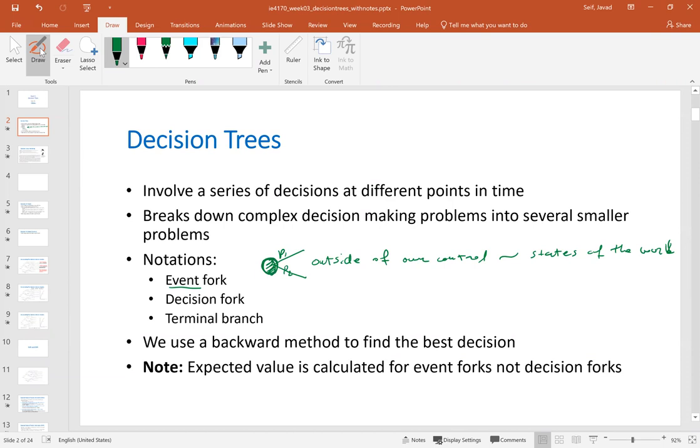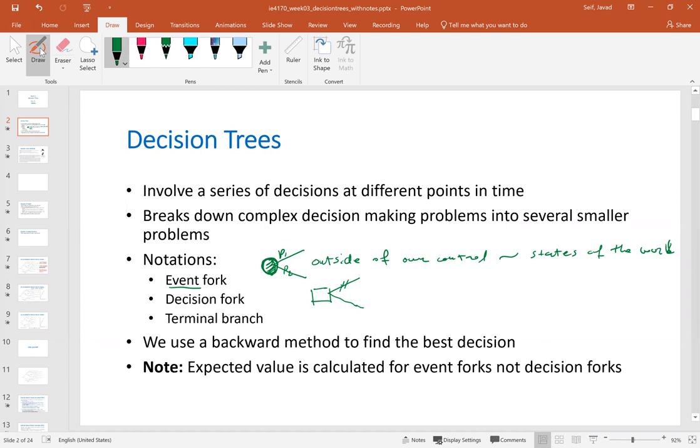And then we have decision forks. Decision forks are things that we choose. So we have a number of options. These branches are options, and we are going to mark the one that we choose as our decision. Each one of these branches represents a different decision, and the one that I choose, I will mark it. So a decision tree is basically a network of all of these events and decisions that we put in a consequence, a network of event forks and decision forks.